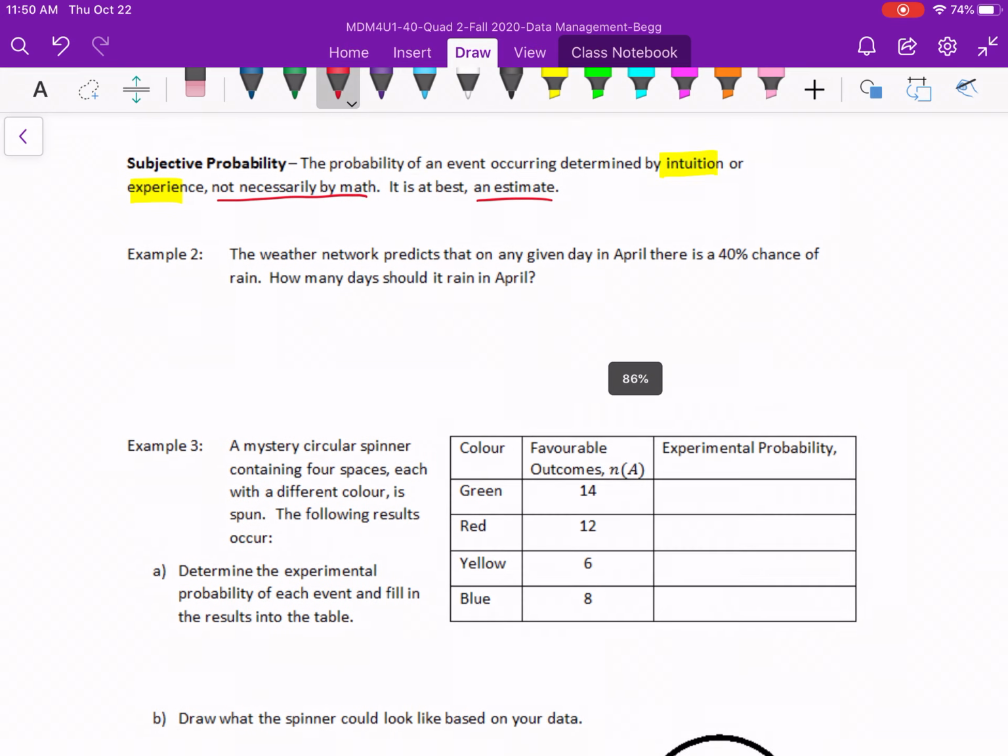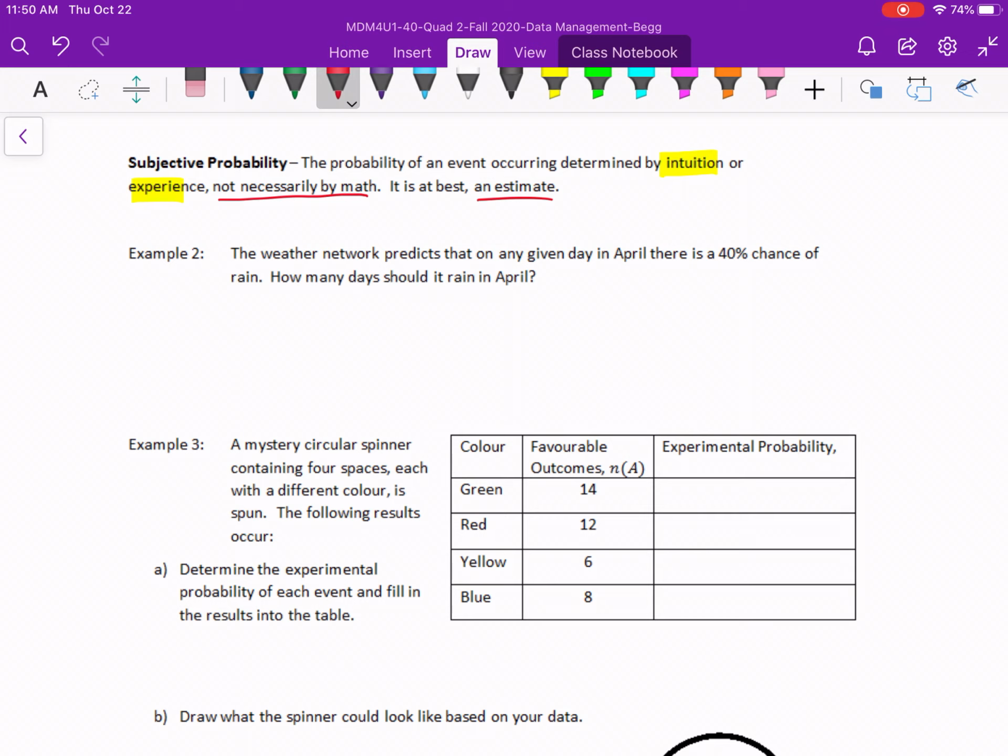But it's my gut feeling. It's based on my previous experience. I know that when the sky is cloudy, it's rainy. Right now is the month of October. I know that in October, often we get a lot of rainy days. So a lot of things come together, and some of them I might not even be aware of, but I can get a feeling for it.